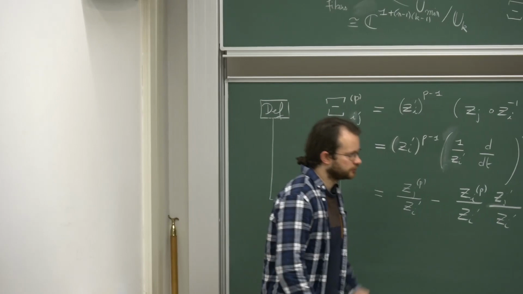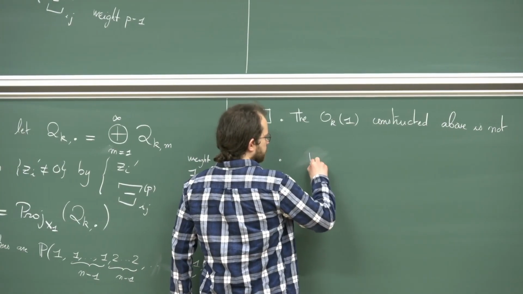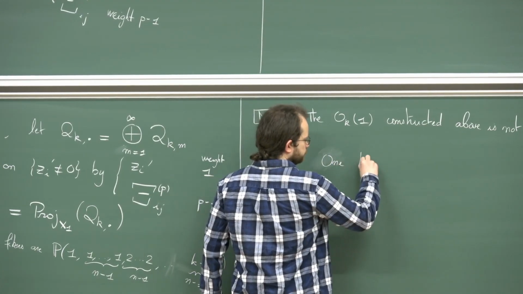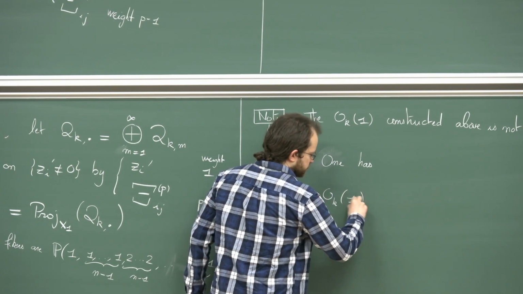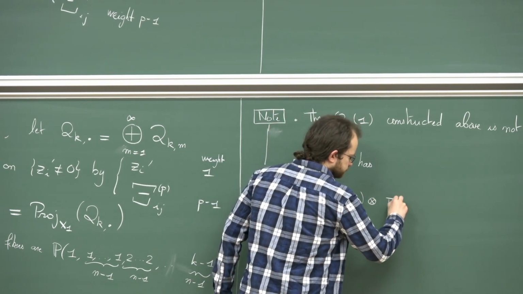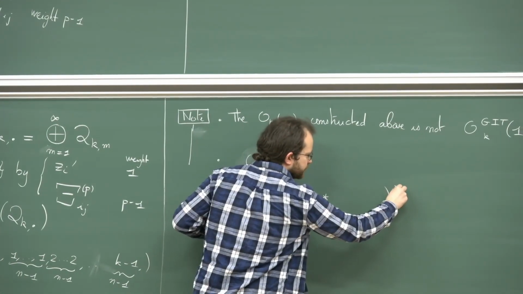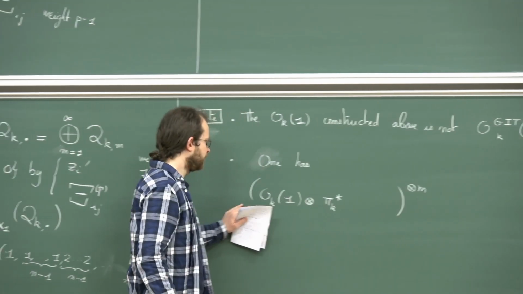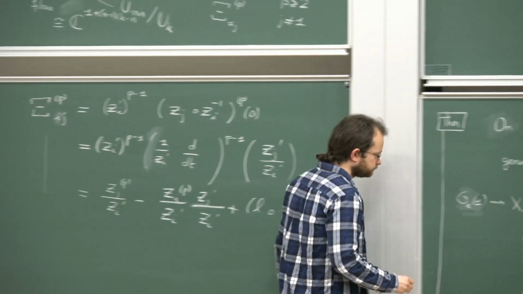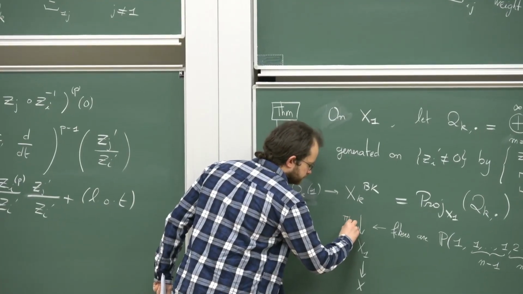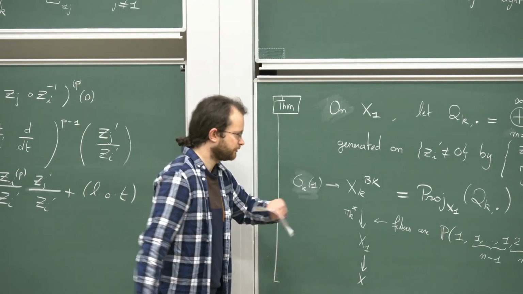You have to twist them to have such a thing, but it is quite easy to do. If you look at sections of powers of OK1, I will write such a power already here. And then, if you want to clear the denominators here, you have to pull back the O1 on X1.